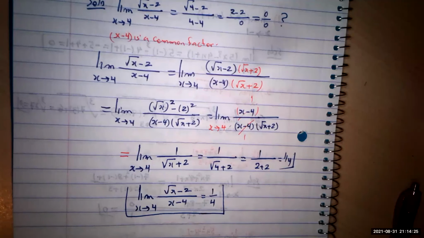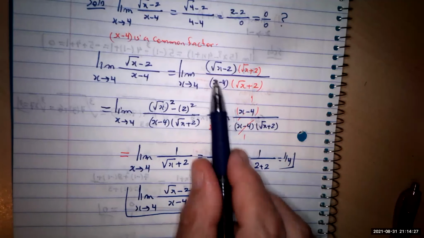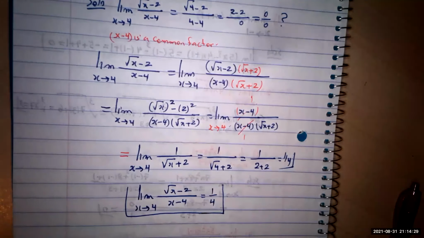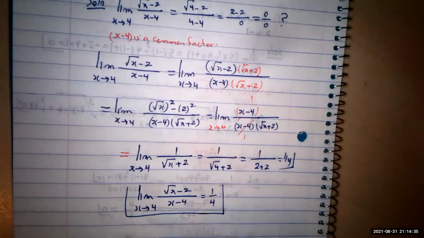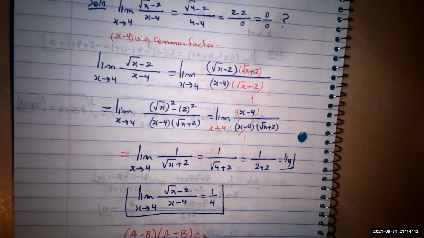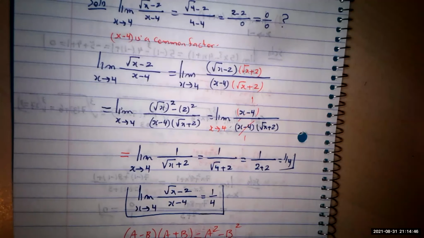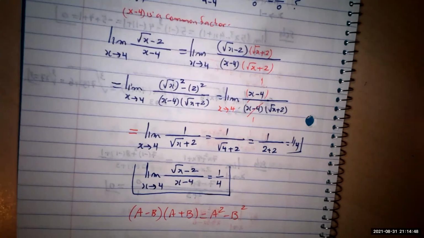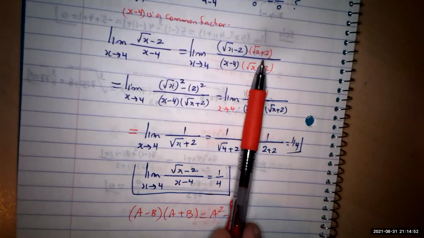Okay, I just used the theorem here, or a kind of special FOIL method. This is it, a minus b times a plus b is equal to a squared minus b squared. That's exactly what I did when I multiplied these two together, okay?